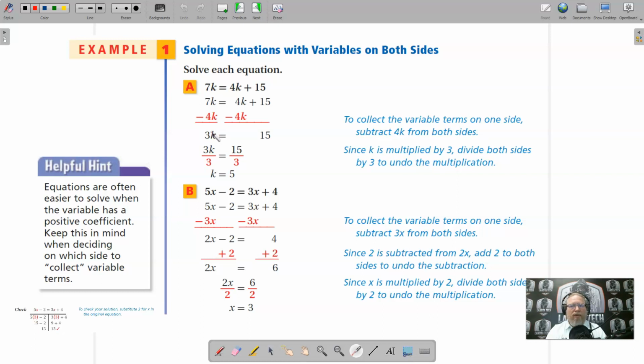But what if we would have subtracted 7k? Well, 7k minus 7k would have been 0k over here, so we would have just had a 0. And then 4 minus 7 would be negative 3.